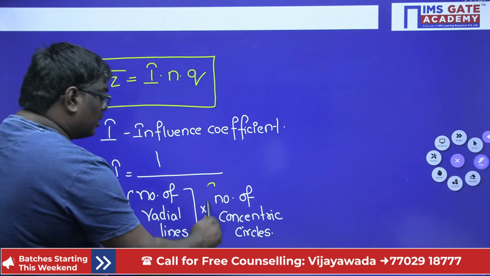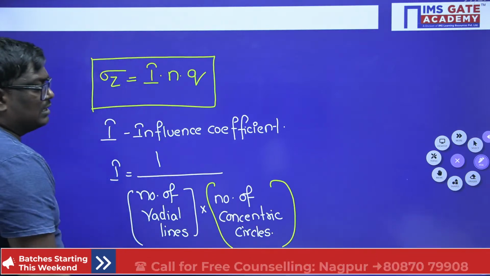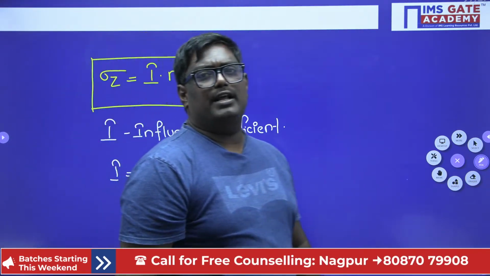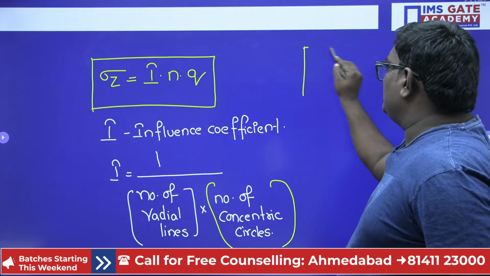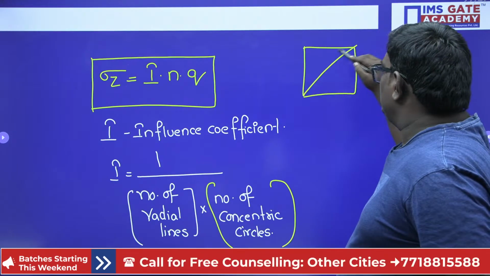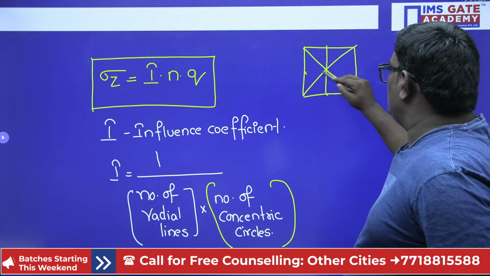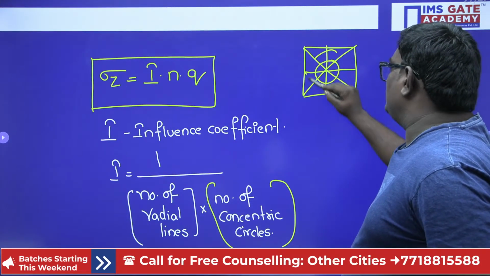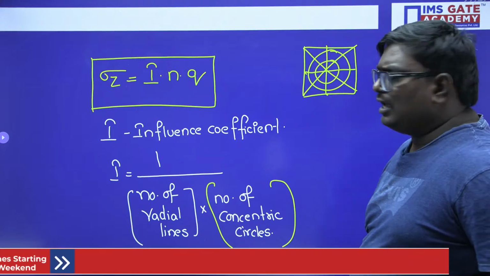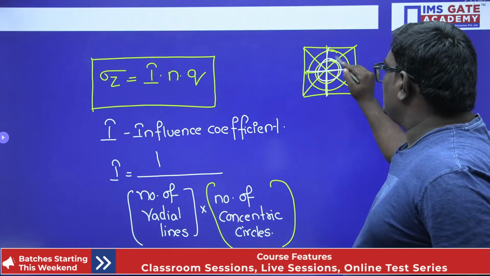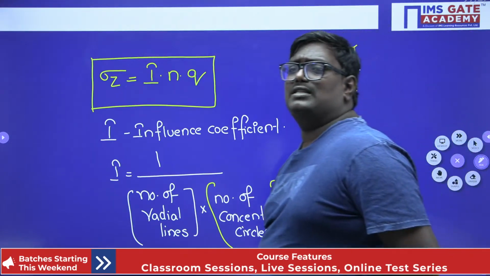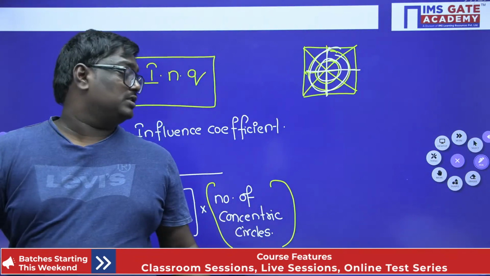So here, what actually is the number of radial lines or the number of concentric circles, I will tell you. See here, if you see the chart, my dear students, these are all radial lines. And here we have the concentric circles. A circle having the same center with different radii is nothing but a concentric circle.